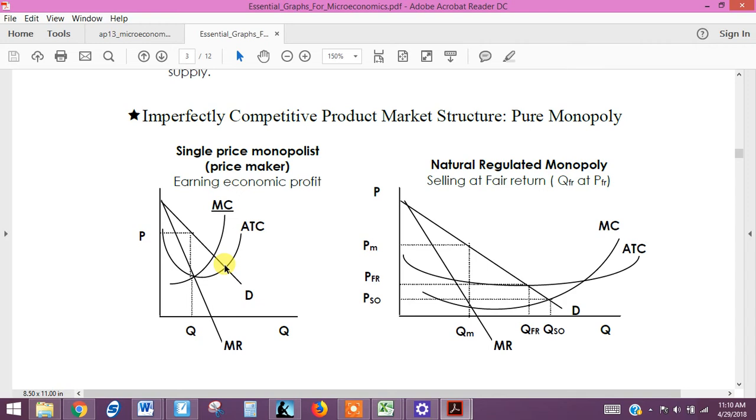If we look at how a monopolist maximizes profit, if they do what they want and they're not regulated, they're going to charge the price way up here. Their price is way above average total cost, because the average total cost at this point is down here, so they're way over it.